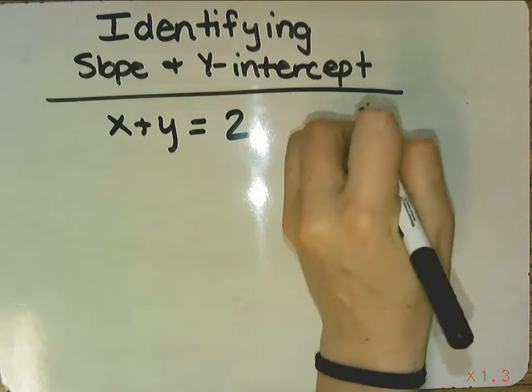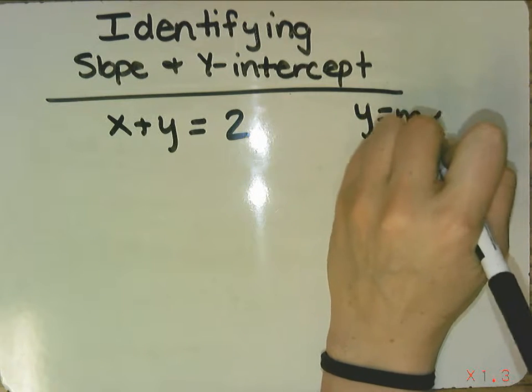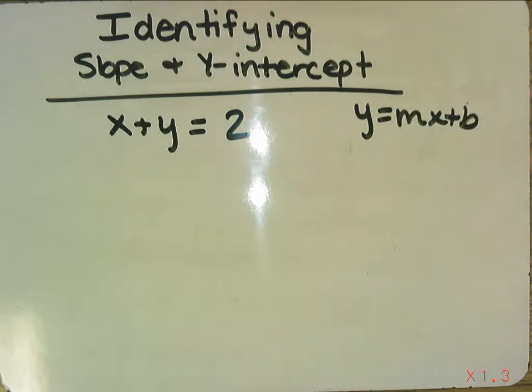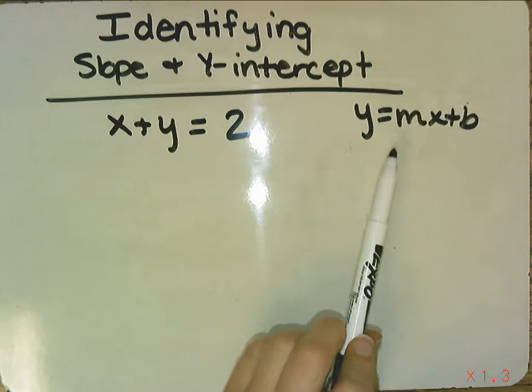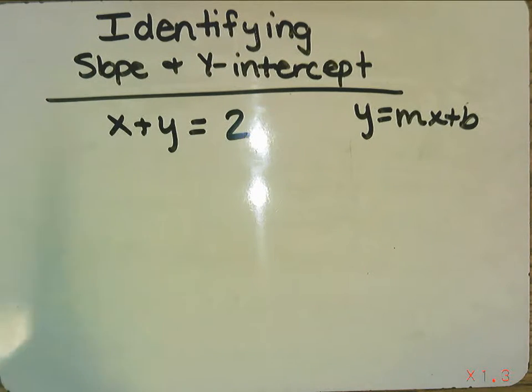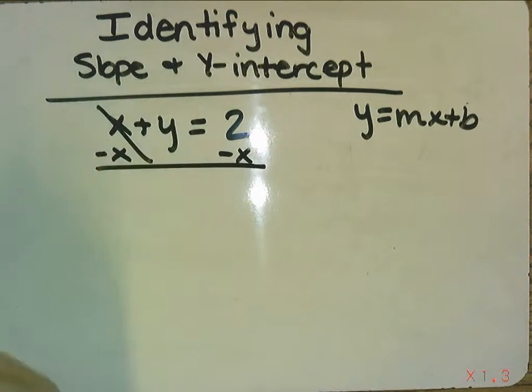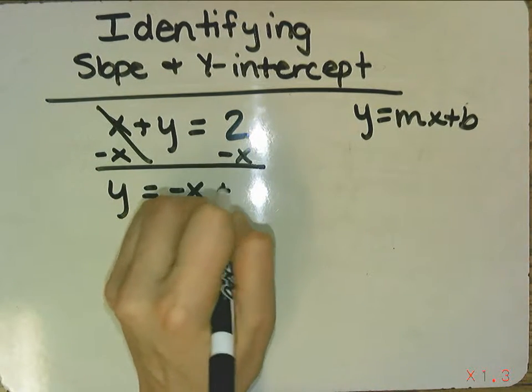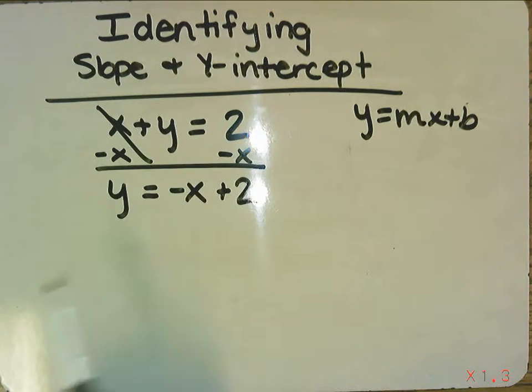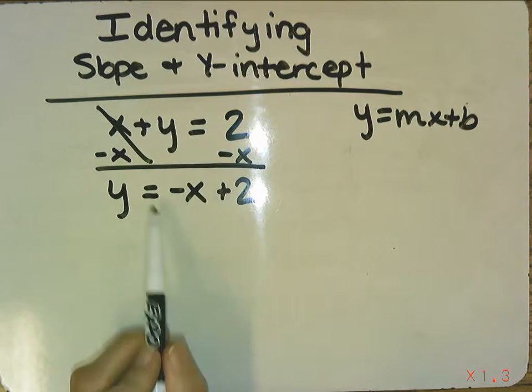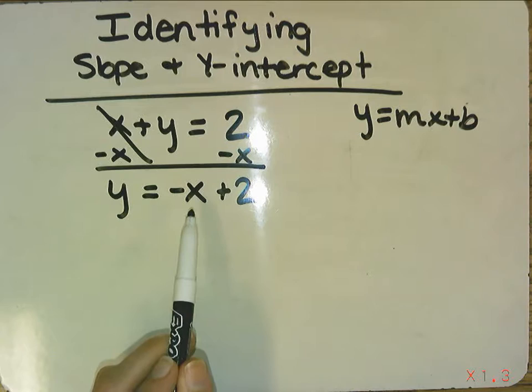And I know because slope-intercept form looks like y equals mx plus b. But I can get it to look like this by simply subtracting x from both sides. So when I do that, I get y equals negative x plus 2. Remember, you're always going to want to write that chunk with x in it first.